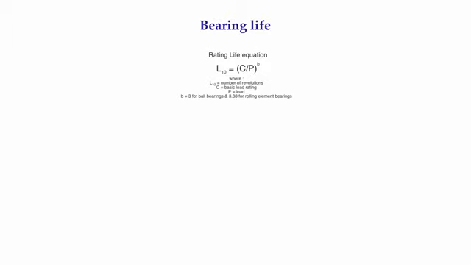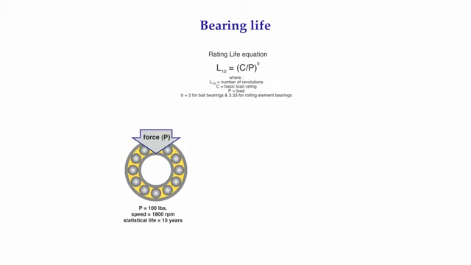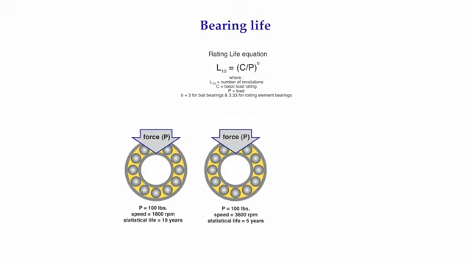Mathematically, that's very interesting, but what does it mean in the real world? If you had, for example, a bearing running at 1800 RPM with 100 pounds of load on it, and let's say that it would statistically last for 10 years.